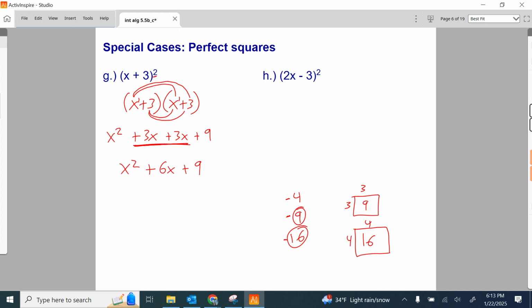All right, and if we're looking at this trinomial here, it's considered a perfect square.